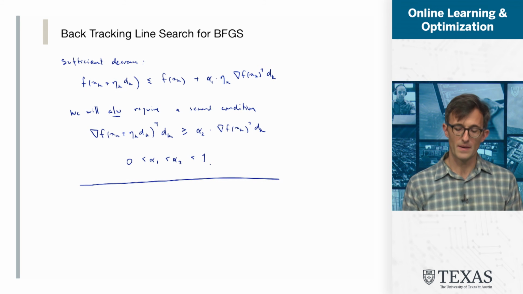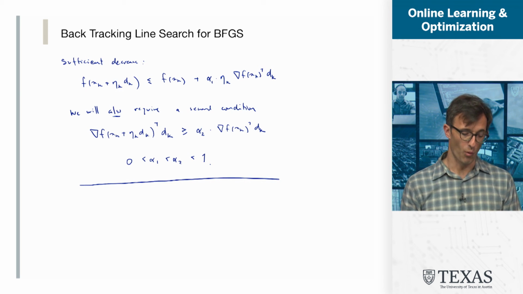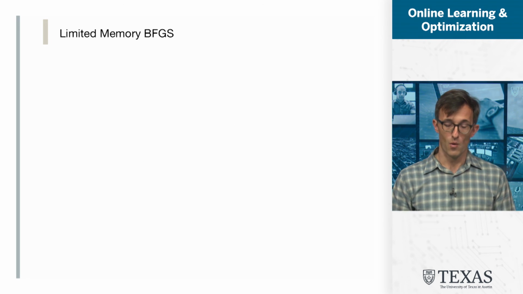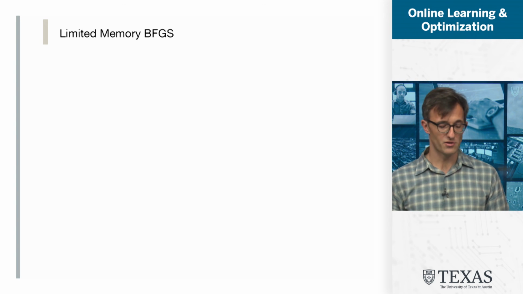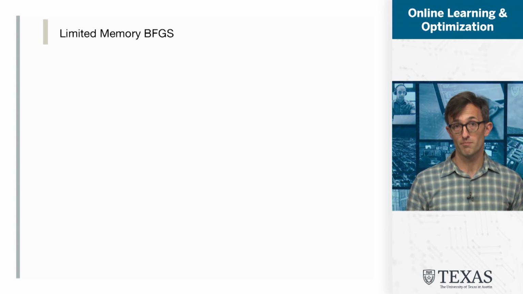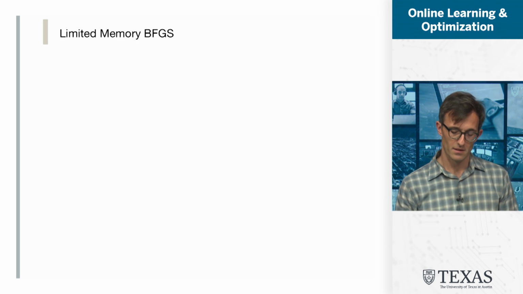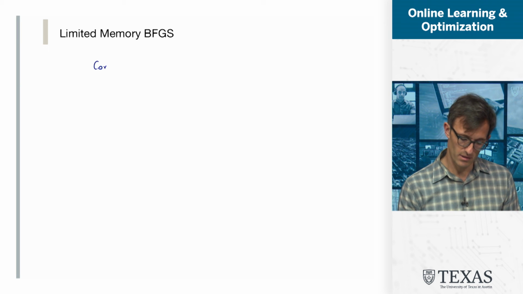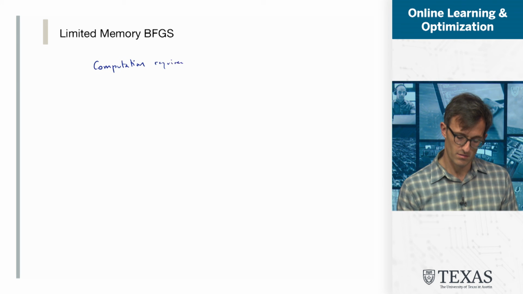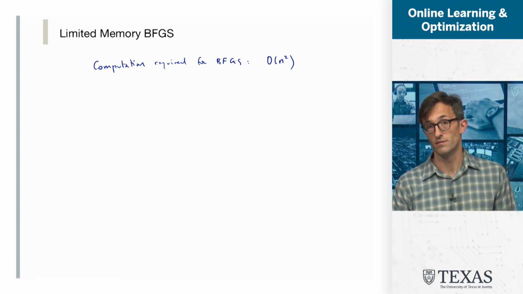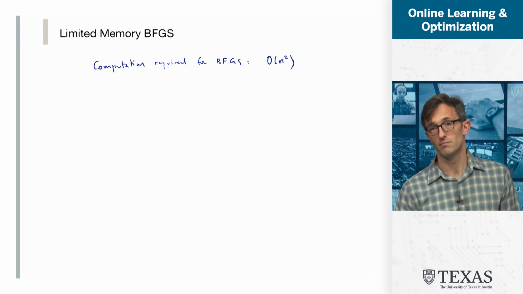So this now fully specifies our computation for the algorithm for BFGS. One final word that I want to mention about BFGS is about the setting where perhaps even BFGS is too expensive for our computational appetite. The computation required, as I've written it, for BFGS is basically now quadratic in the dimension instead of cubic, because we avoid this computation of an inverse.